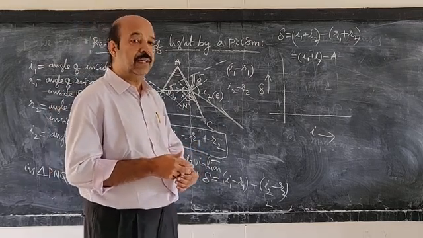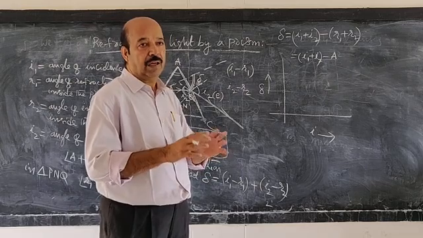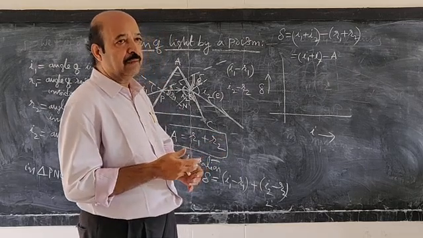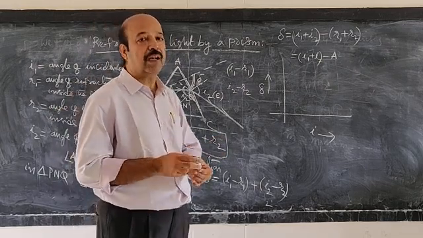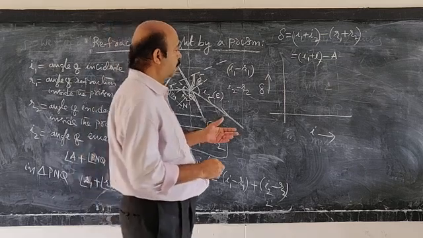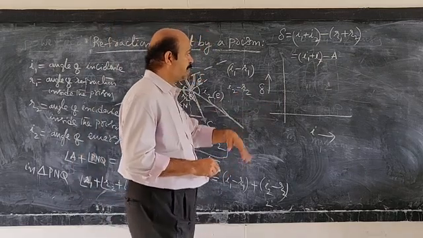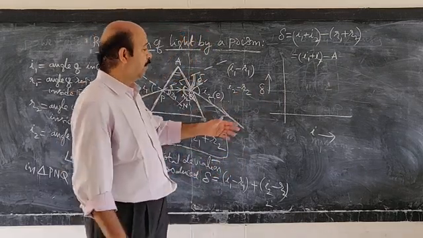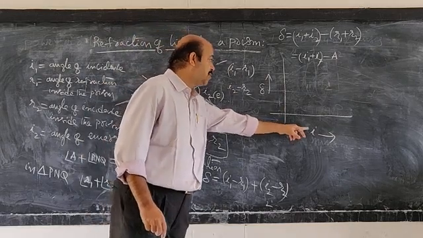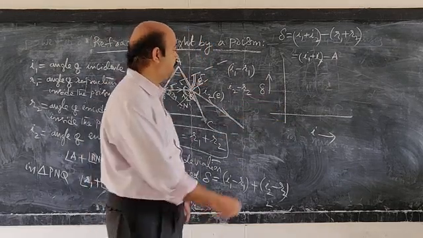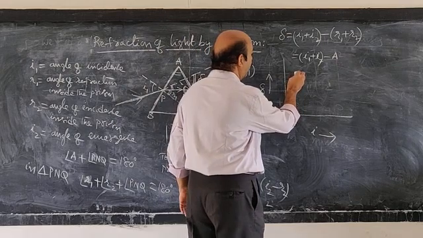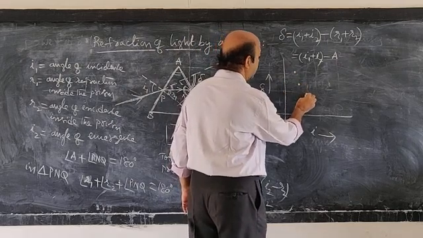That you are going to do in the practicals. Then you will know how the experiment is done. Already I think you might have studied it in your lower class. If you do this experiment and draw a graph with different angles of incidence and the corresponding angles of deviation, you will get points something like this.